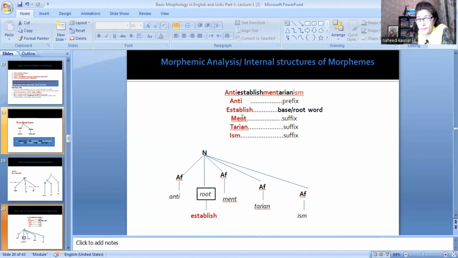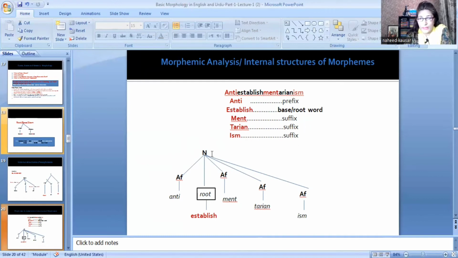And then establishmentarian becomes the base word if we add ism to it, ultimately making the word establishmentarianism. And before this whole word, the prefix anti is attached. Overall, this was a noun.